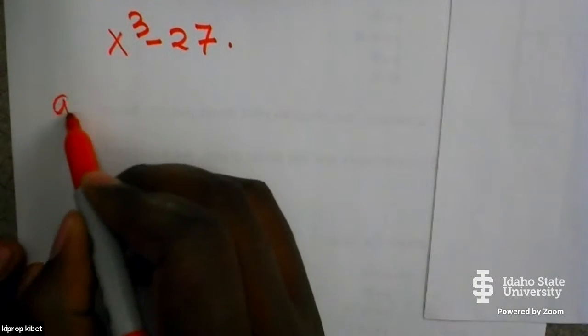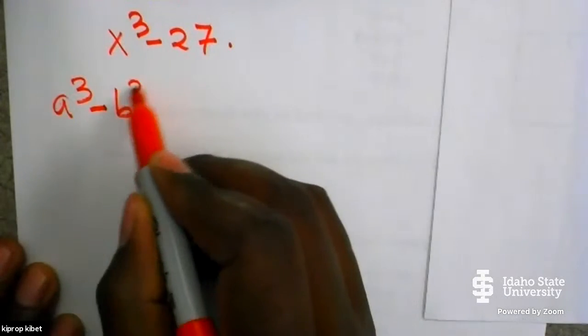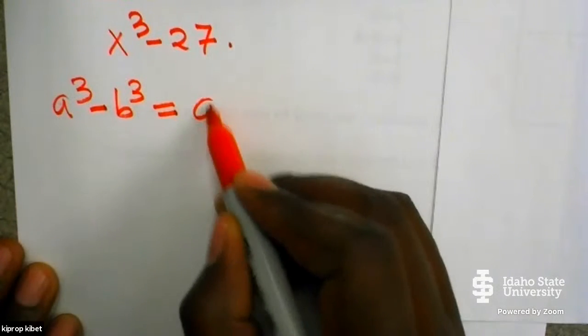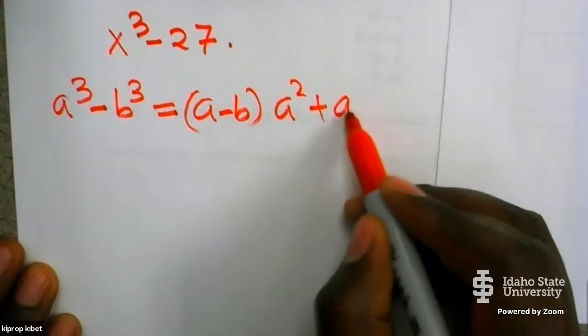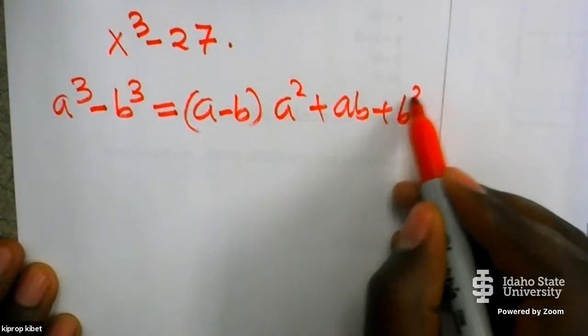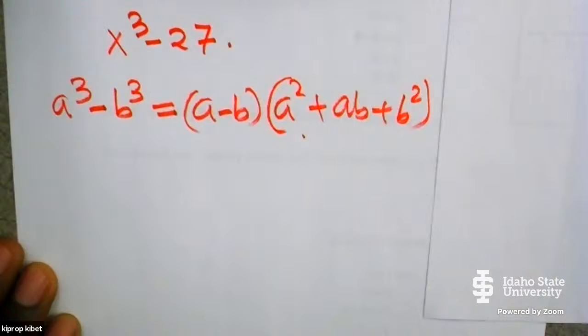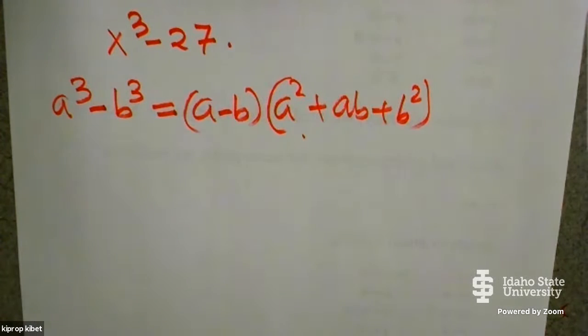So this is similar to number 2, right? And our number 2 is a cubed minus b cubed equals a minus b times a squared plus ab plus b squared. So it is similar to our number 2.